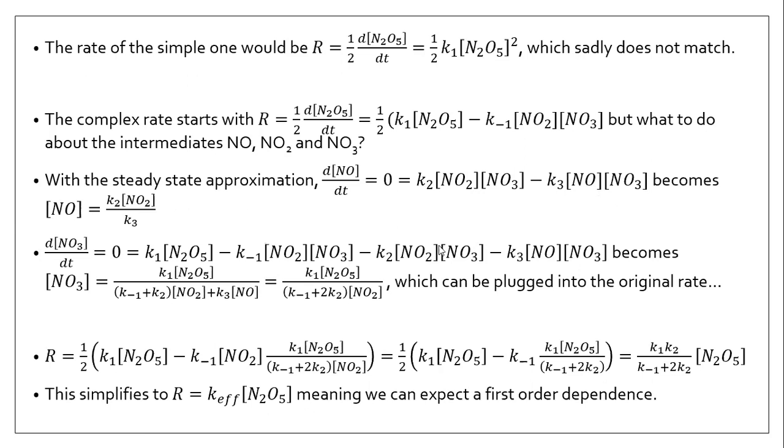Doing the same thing with NO3, another intermediate. NO3 is formed through the first reaction, removed through the reversed first reaction, removed by the second reaction, and also removed by the third reaction.